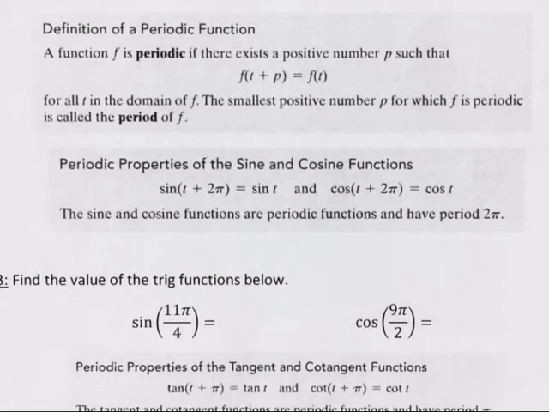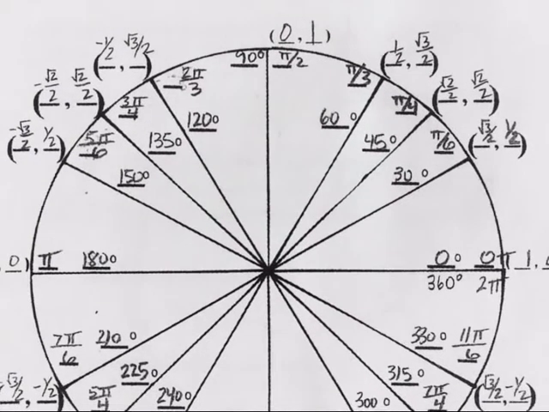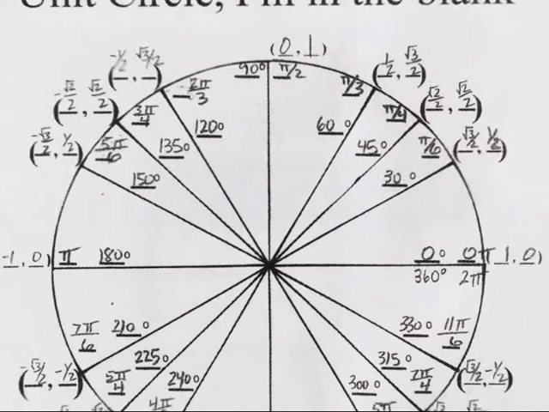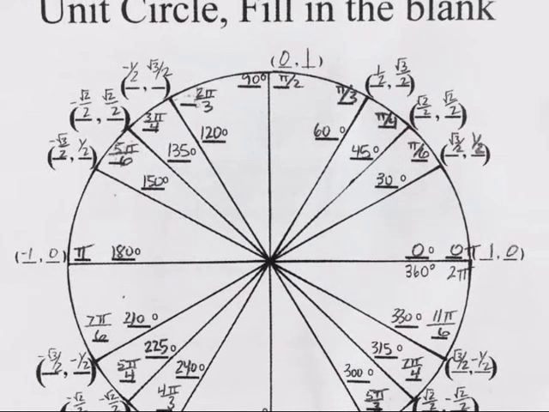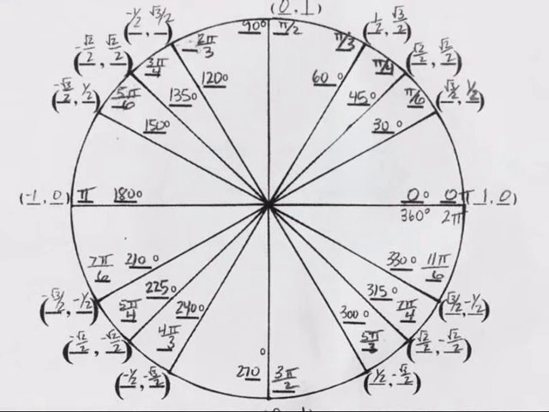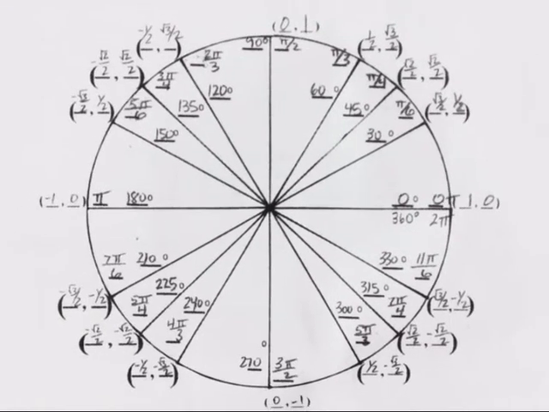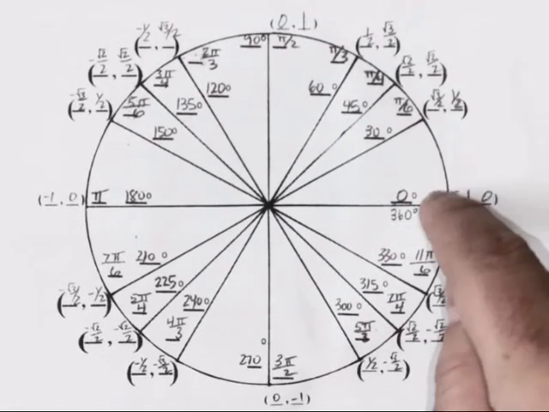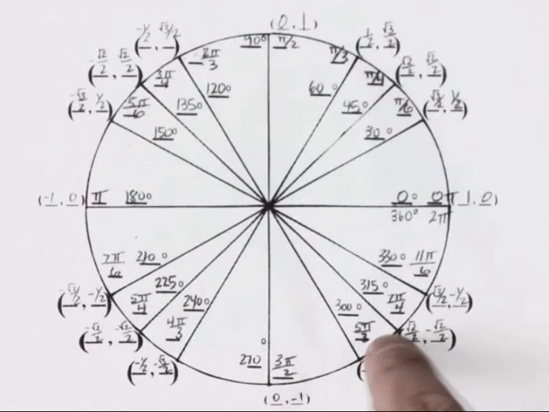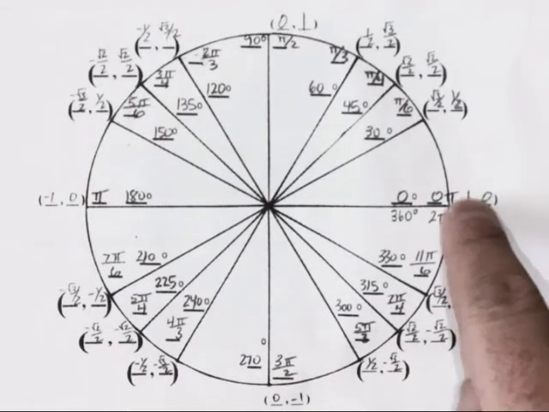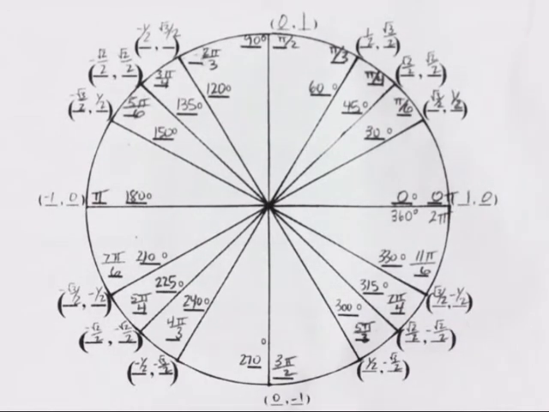If I look at sine and cosine on my unit circle, this is also cyclical in nature. As I go through the central angles 0 to 2 pi, I get the values of sine or cosine based on the coordinates that I'm looking at.